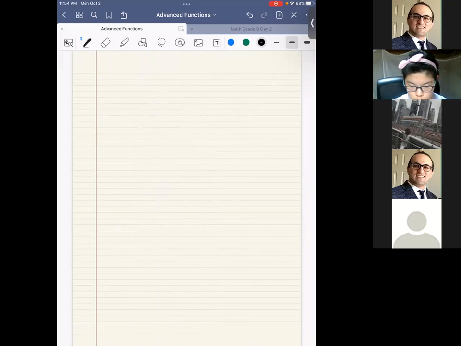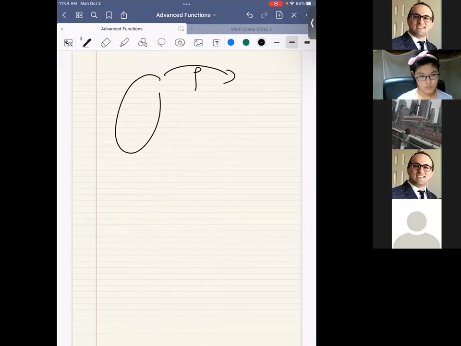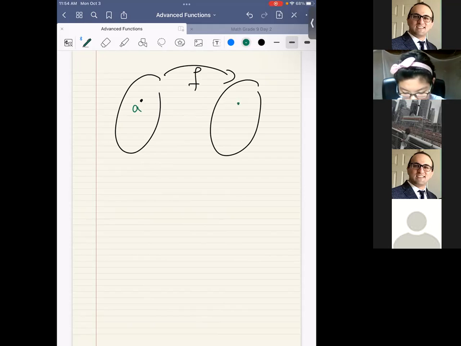So you have a function f with some domain, say A is in the domain of f, and this is B. If B is equal to f of A, then you can say that A is equal to f inverse of B.